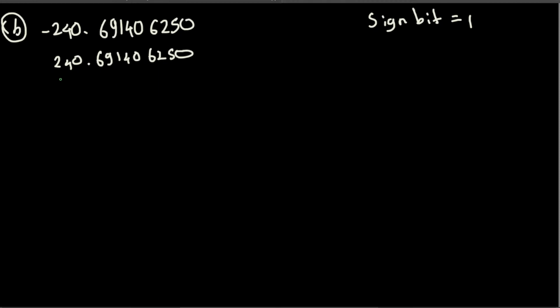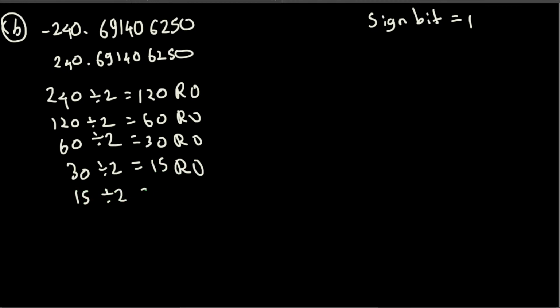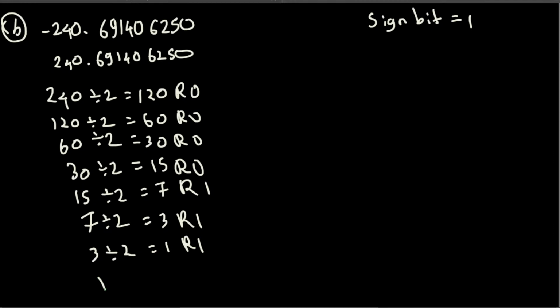So when we are converting a decimal into binary, we deal with the integer part separately, fractional part separately. If I take the integer part, that is 240, and divide this one by 2 until I get 0, so 120 and the remainder is 0, and then 120 divided by 2, that is 60 and the remainder is 0, and then 60 divided by 2, that is 30 and the remainder is 0, 30 divided by 2, that is 15 and the remainder is 0, 15 divided by 2, that is 7 and the remainder is 1, 7 divided by 2, that is 3 and the remainder is 1, and then 3 divided by 2, that is 1 and the remainder is 1, 1 divided by 2, that is 0 and the remainder is 1.